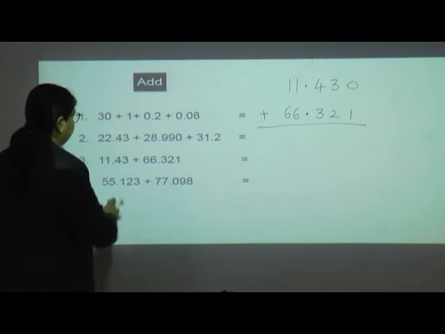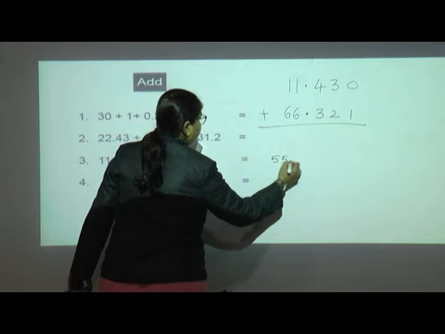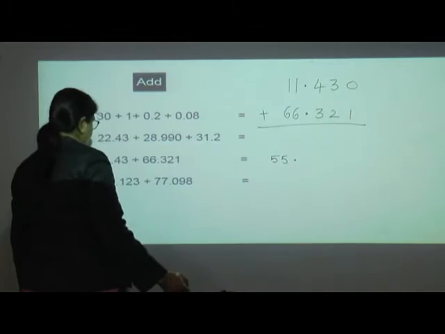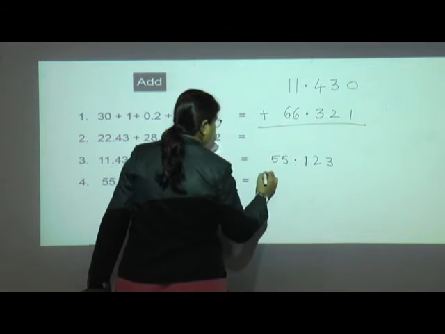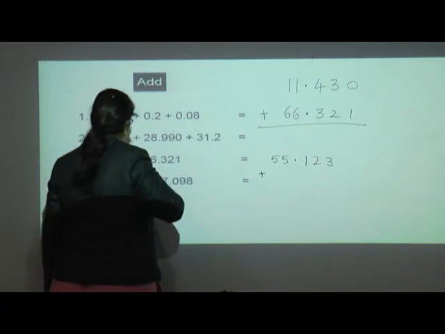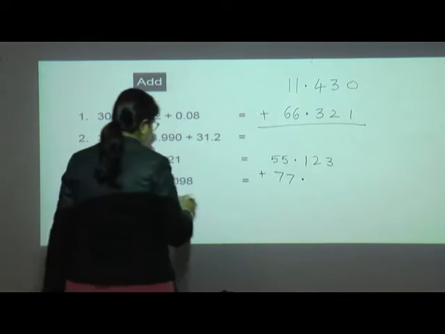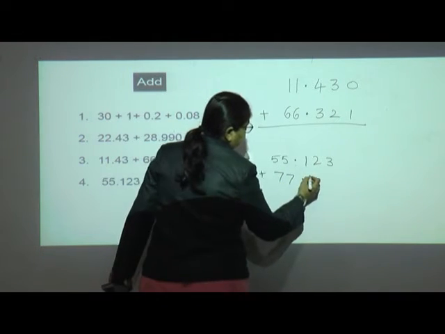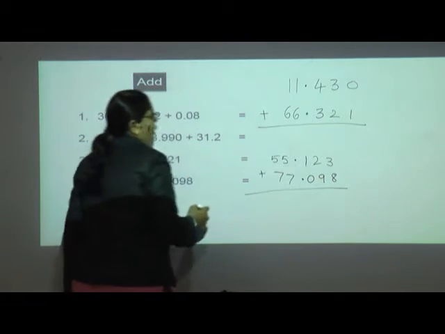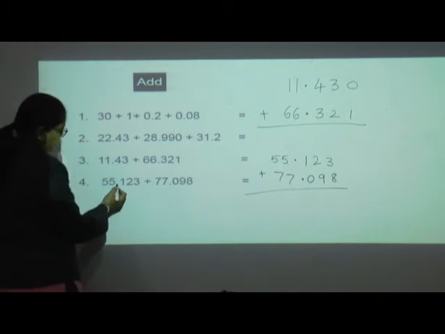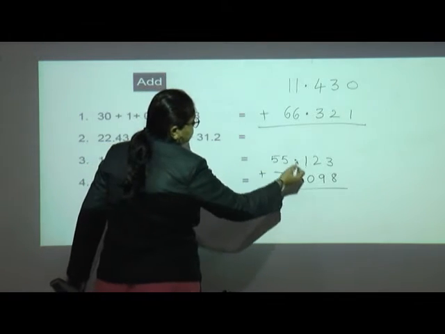One more example we will see here is 55.123 plus 77.098. I will write 098. What we have to take care of is that whatever the numbers are after the decimal, they should be written in a line.